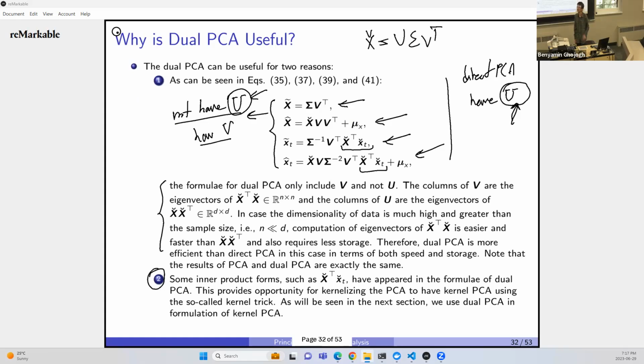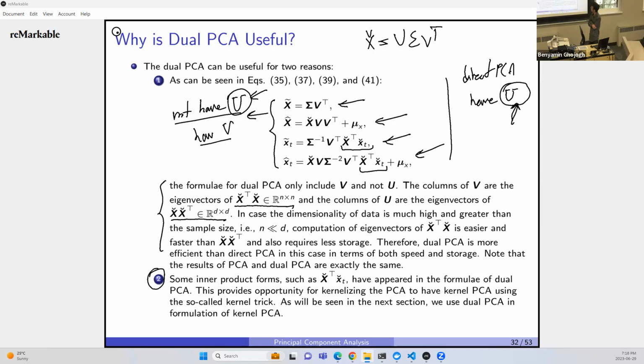Recall the proposition in the preliminaries for the relation of eigenvalue decomposition and singular value decomposition. We proved that U, from the singular value decomposition of X hat, is the eigenvectors of X hat X hat transpose. We also proved that V, which has the right singular vectors of X hat, is equivalent to the eigenvectors of X hat transpose X hat, right?